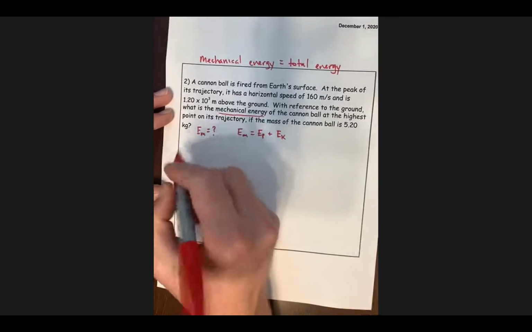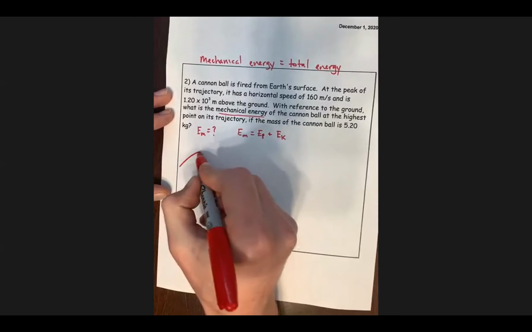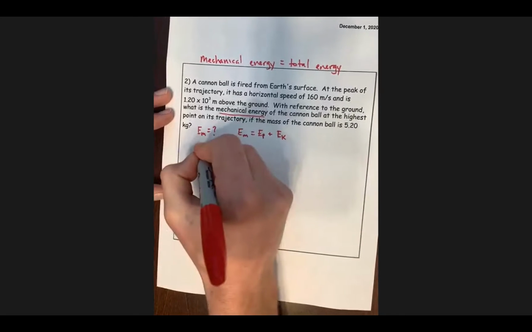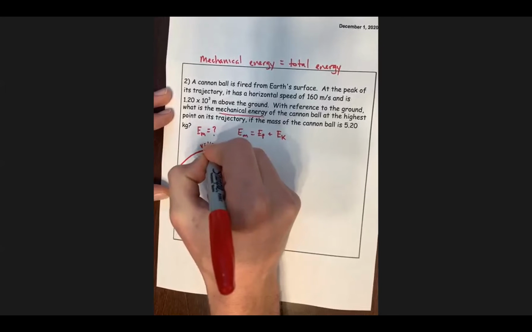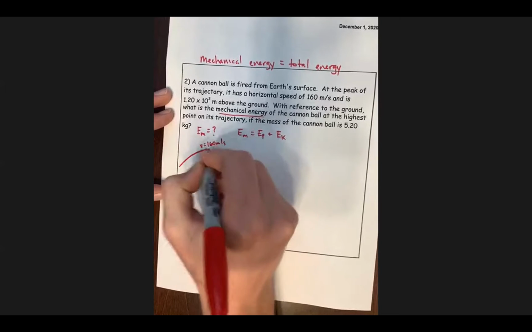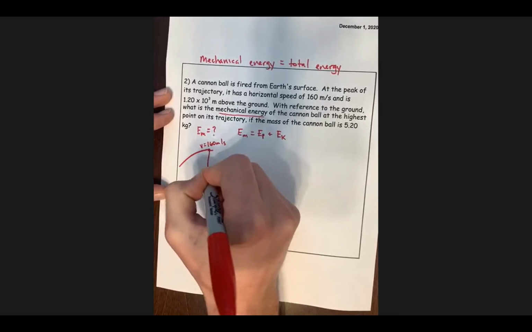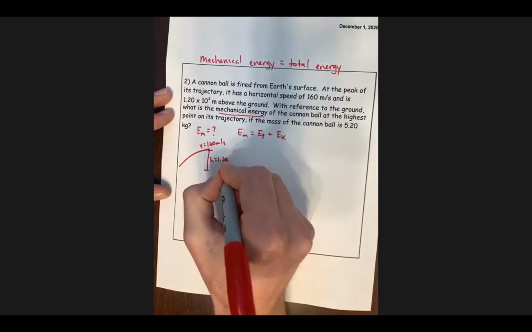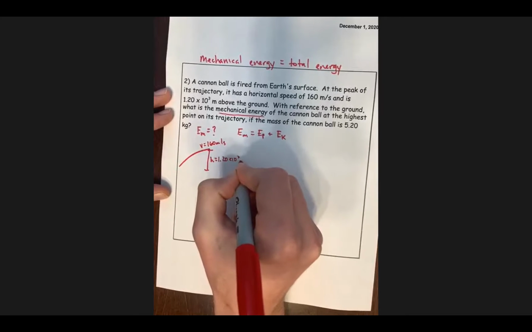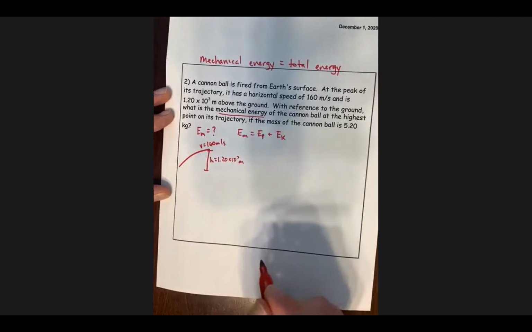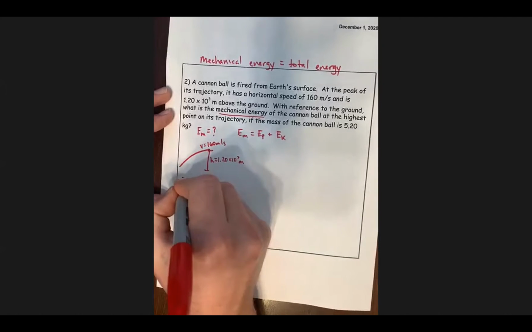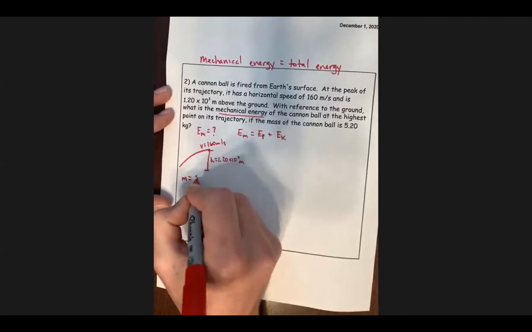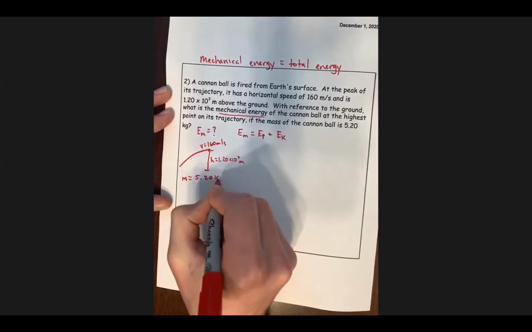I'm going to draw a diagram here again. We shot it up here. It has a velocity of 160 meters per second. Its height is 1.20 times 10 to the 3 meters above the ground. And we know that the mass is 5.20 kilograms.